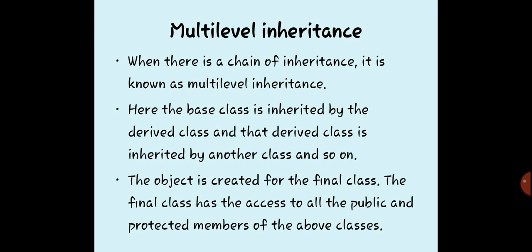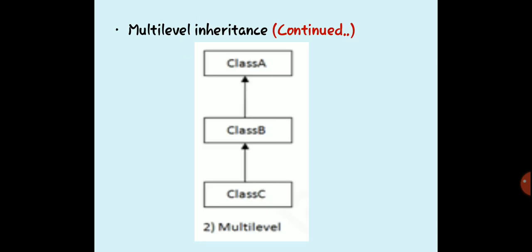Public members can be inherited by all, protected members can be inherited only by the derived classes, and private members cannot be inherited at all. Now multi-level inheritance: class B inherits class A and class C inherits class B. That is how multi-level inheritance is done.